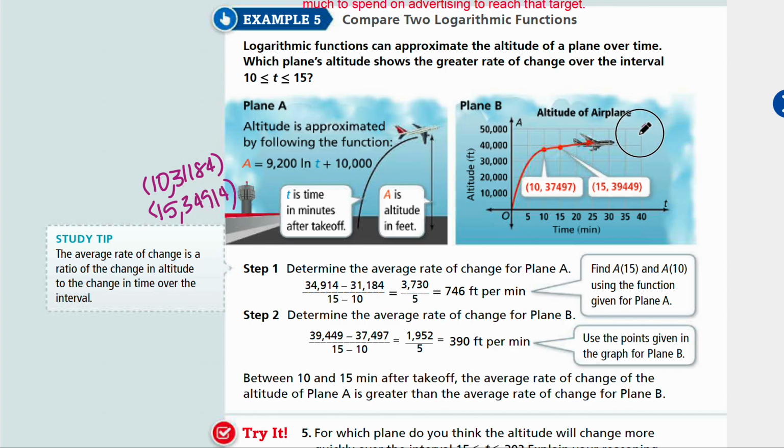For plane B, we have these points already, this and that. So using those values, we're going to find the average rate of change by the slope formula. And then we see that plane A has far greater average rate of change than plane B. So between 10 and 15 minutes after takeoff, the average rate of change of the altitude of plane A is greater than the average rate of change for plane B.